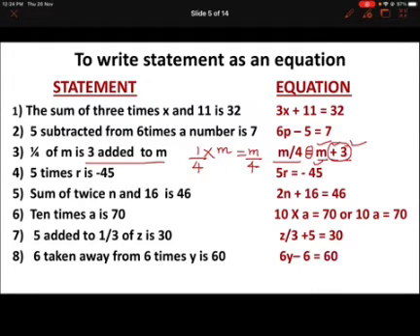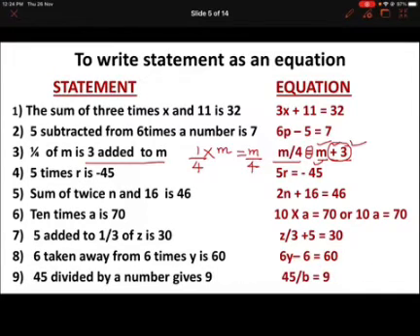6 taken away from 6 times y is 60. Very simple, children, and it's like a game. 6 is taken away. So 6 is subtracted from what? From 6 times y, and the result is 60. Clear? Next one. 45 divided by a number. Here number is not given, so you can use any variable.